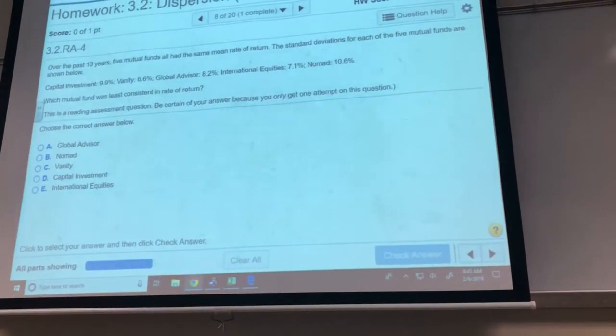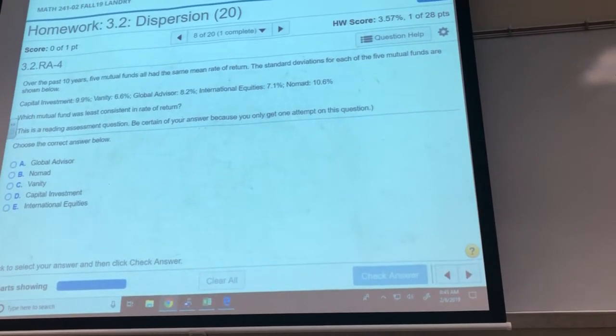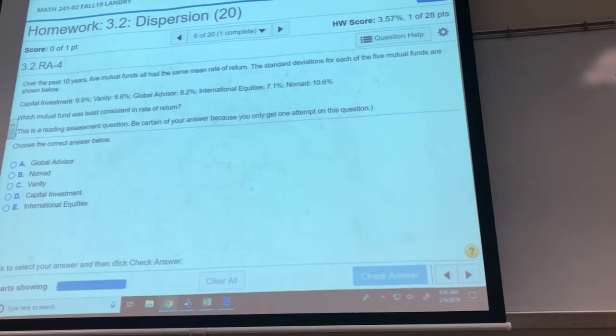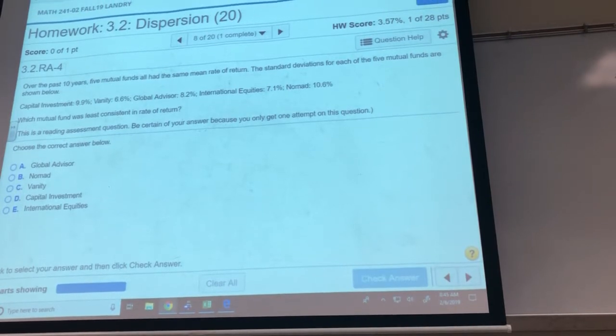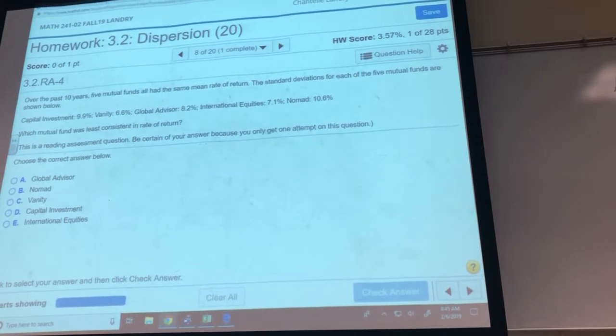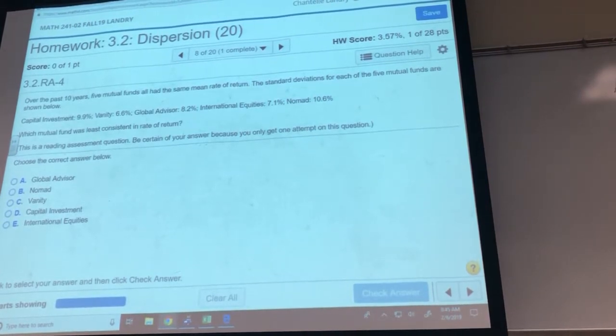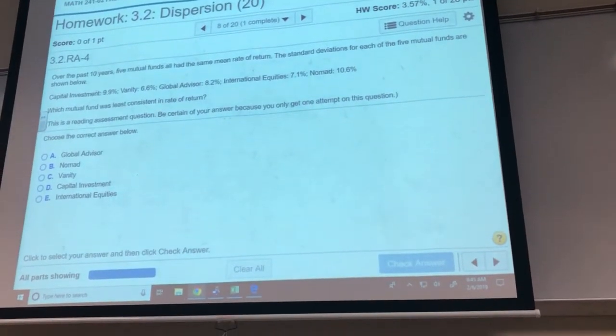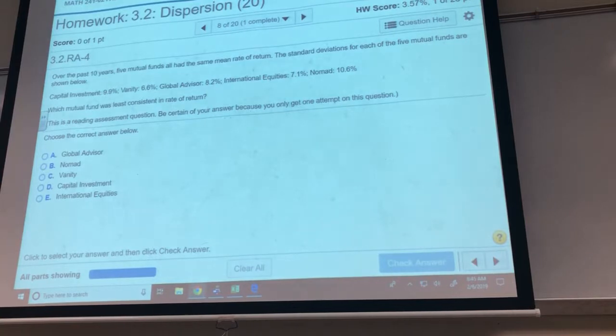So if you're not very consistent, then you're not really getting the same number every time. It's kind of jumbled all over the place. So if it's all over the place, then it's going to be pretty spread out. So if it's the least consistent, then it's going to be more spread out. And if it's more spread out and we're looking at standard deviations, do you want to try to find a standard deviation that's high or a standard deviation that's low?